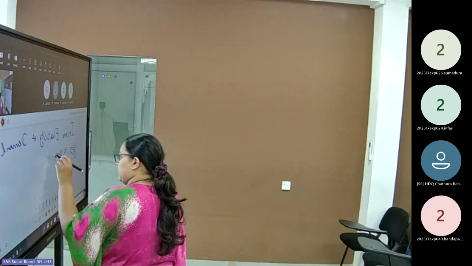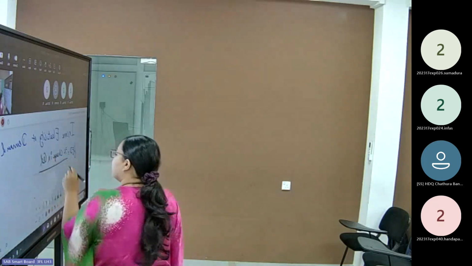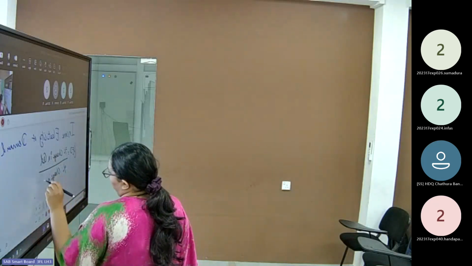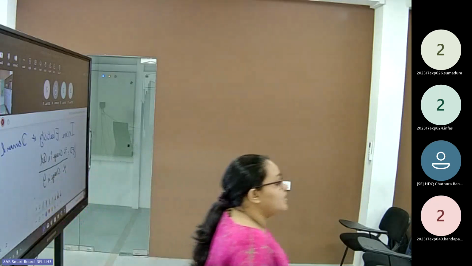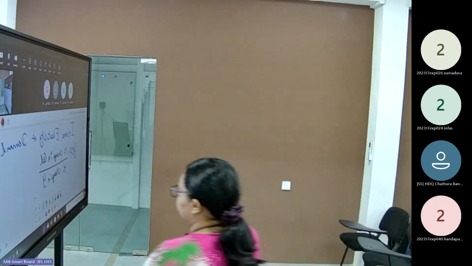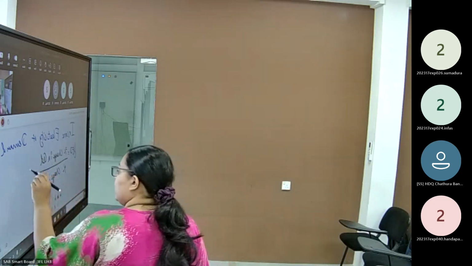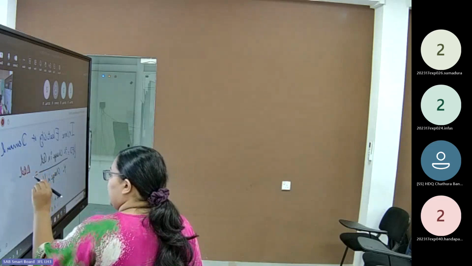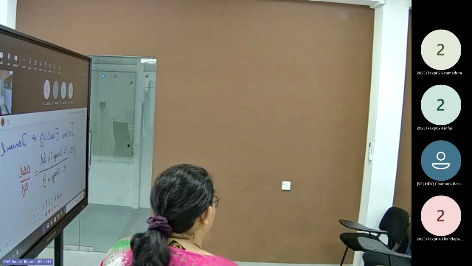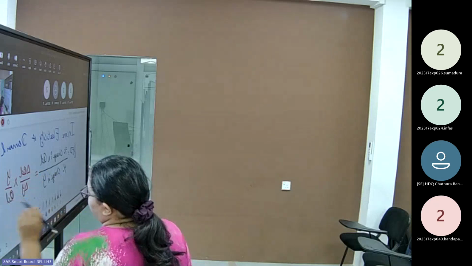Percentage change in QD to a percentage change in Y, where Y is income or consumer income. It can be rewritten as change in QD divided by change in Y, into Y over Q.